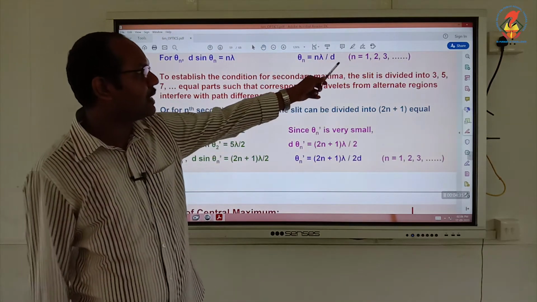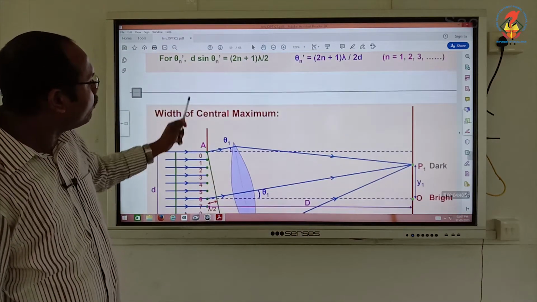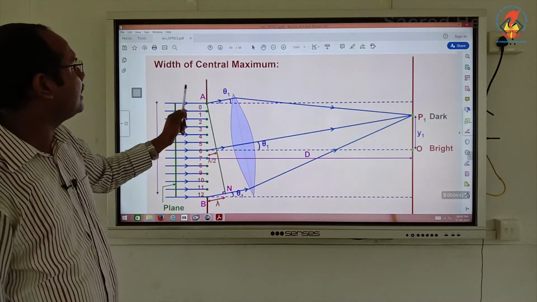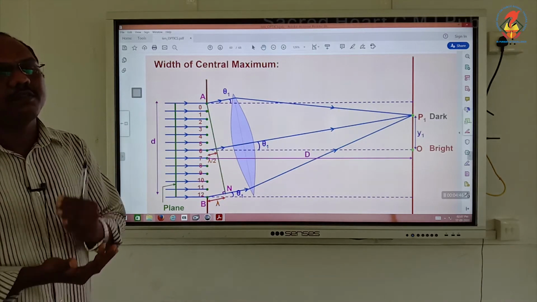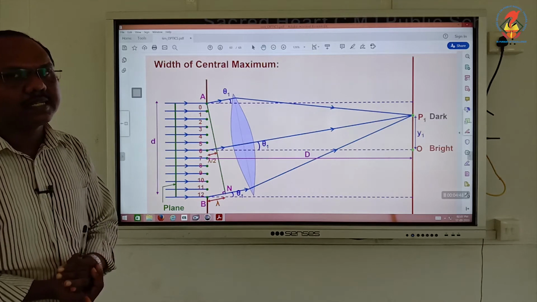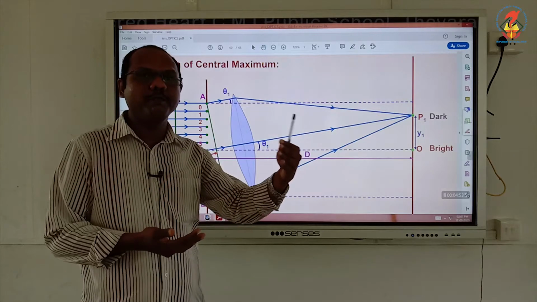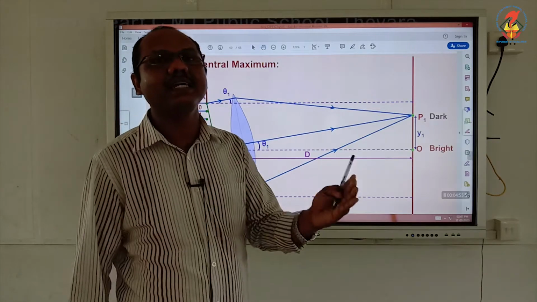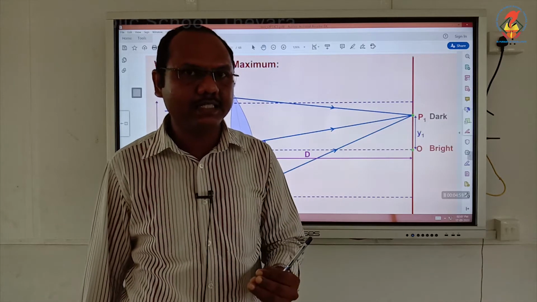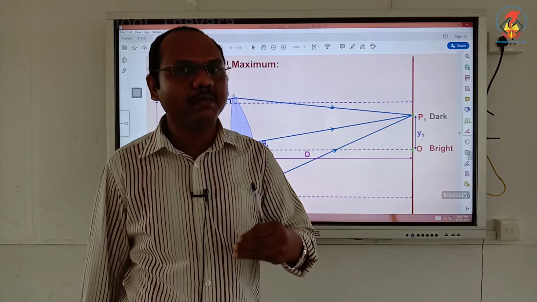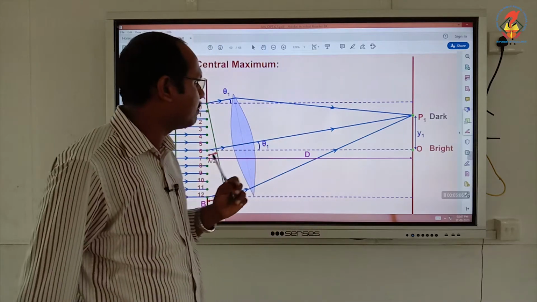In both the cases, we can take n as 1, 2, 3, etc. Now, width of the central maximum. Width of the central maximum means it is the distance between the two minima on either side of the central maxima.